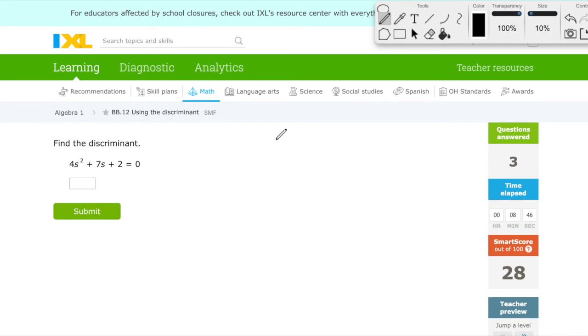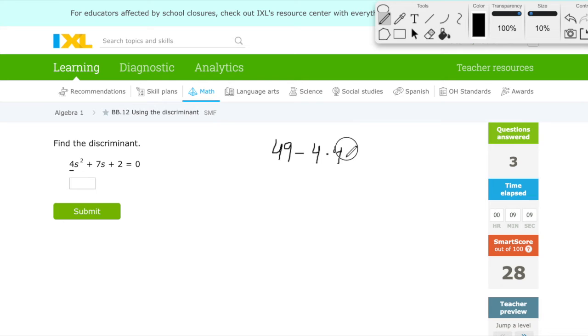Alright, so b squared would be 7 squared, so 49. And you could type in 7 times 7 or 7 squared, that's where that comes from. Minus 4 times a, well that's also 4 here, if I look right there.